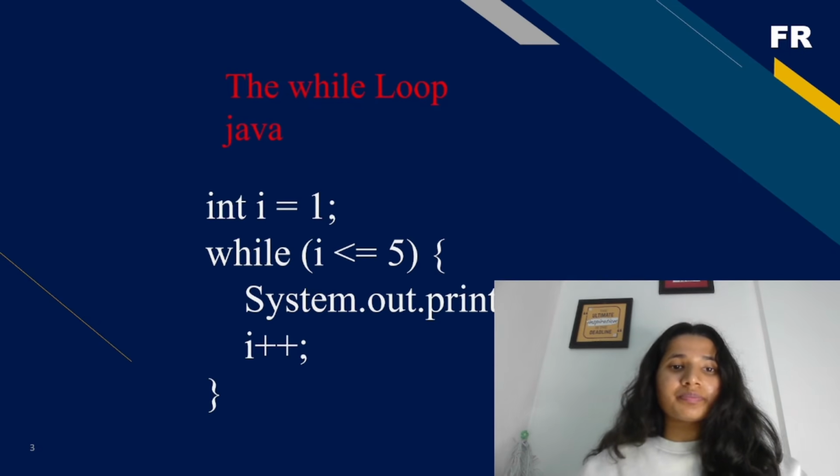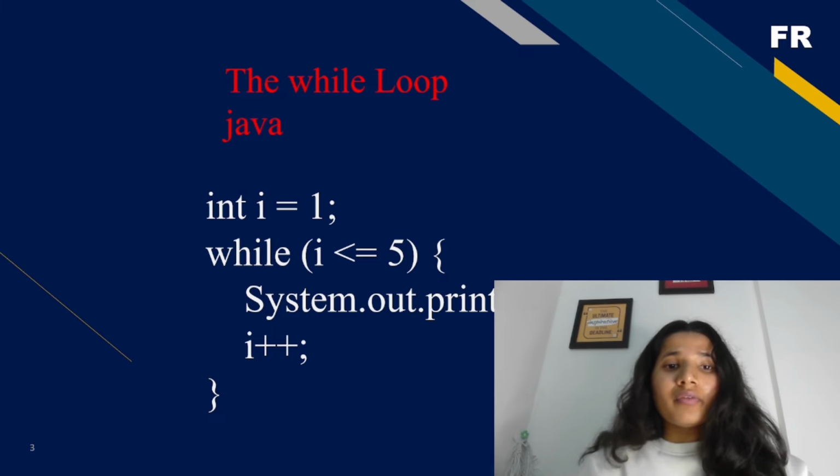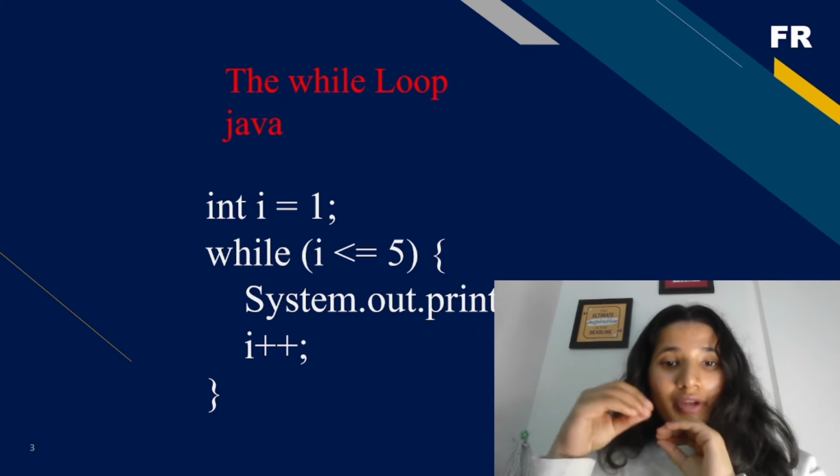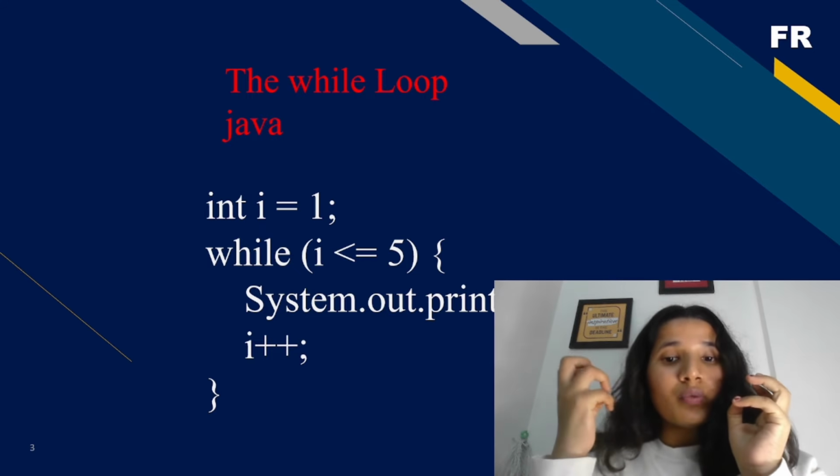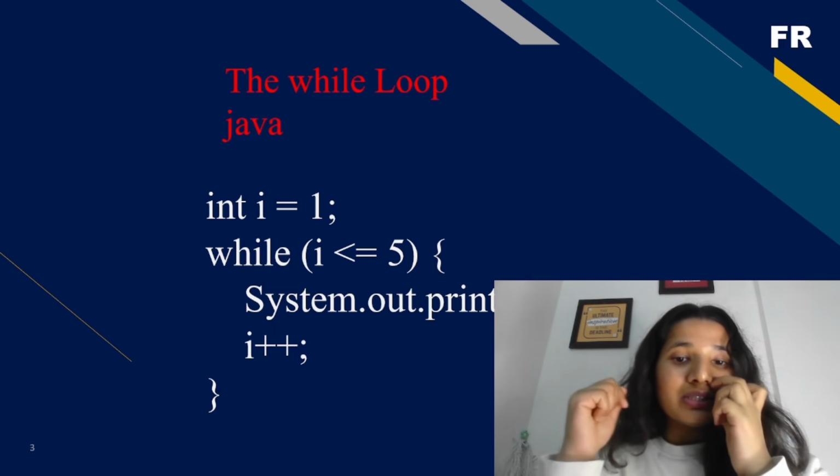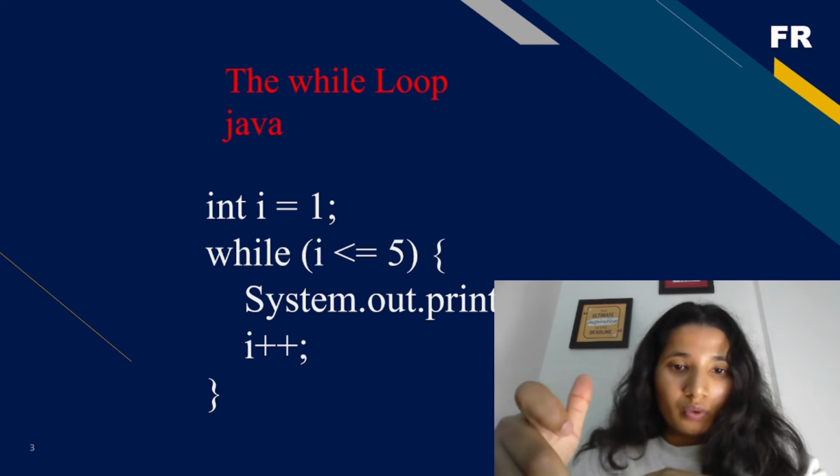Next one is the while loop. When will you use a while loop? When you don't know in advance how many times you will loop. It checks the condition before running the code.